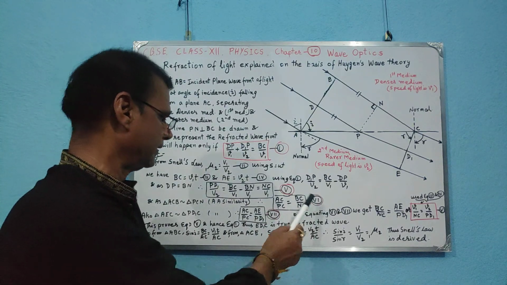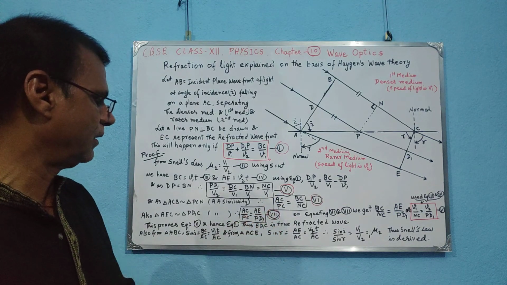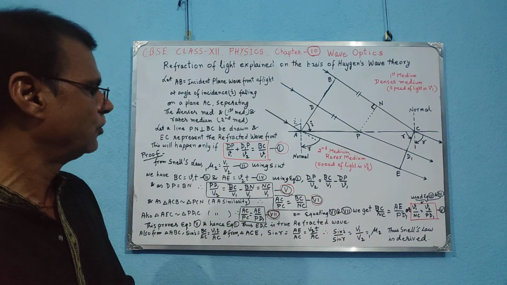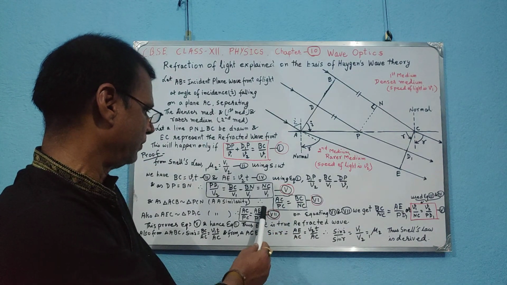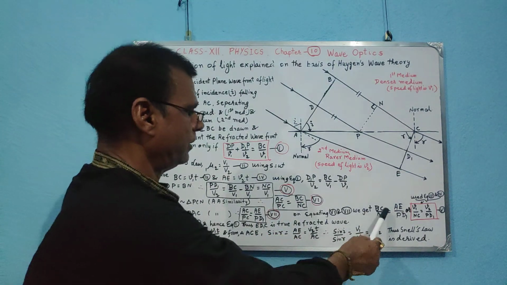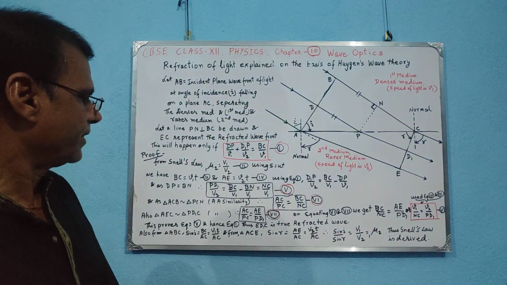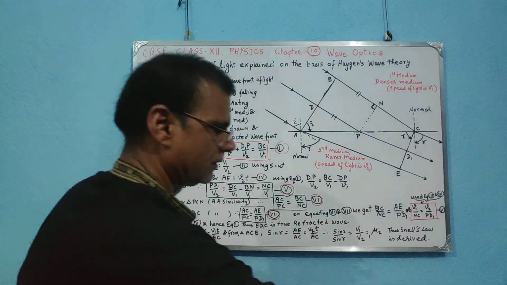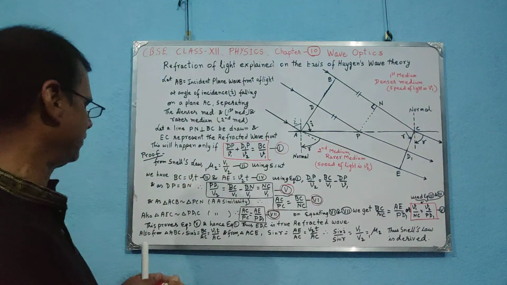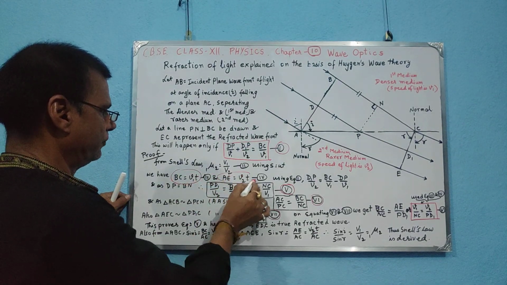In these two equations 6 and 7, we have AC upon PC common in both. Therefore, equating them we get BC upon NC equal to AE upon PD1. But we also remember the value of BC: BC is equal to V1T, and AE is equal to V2T.